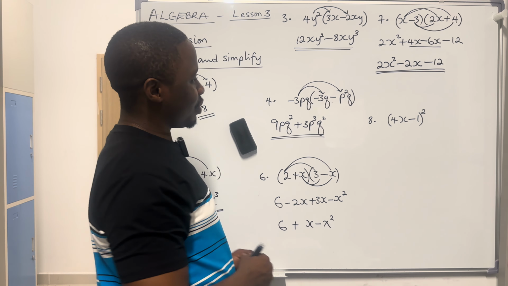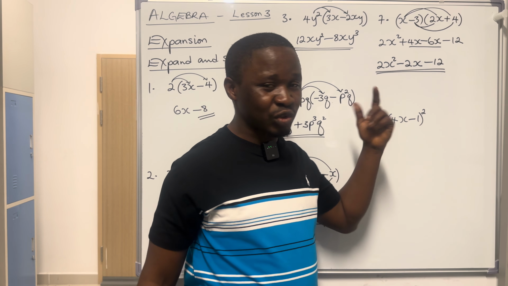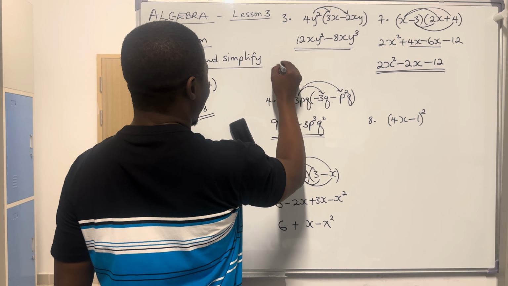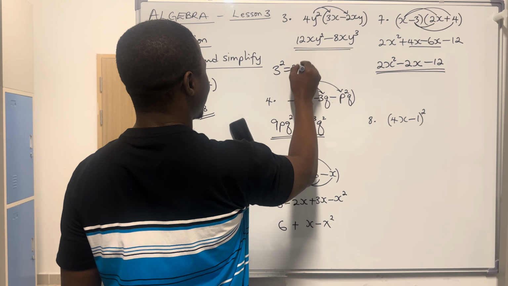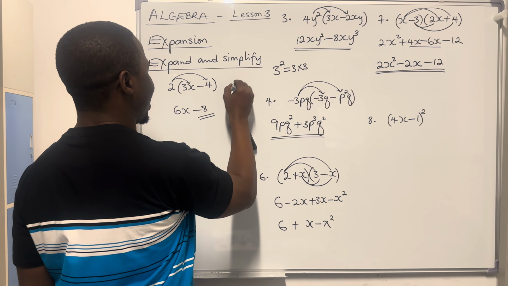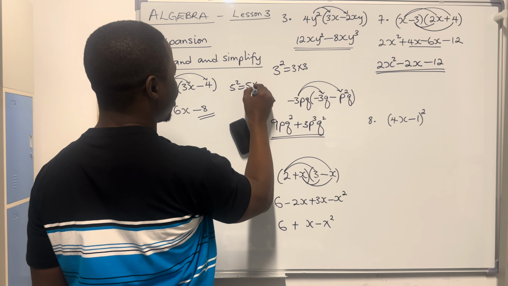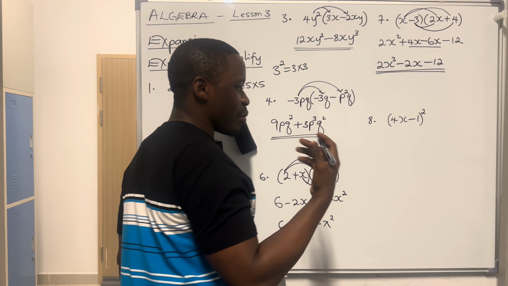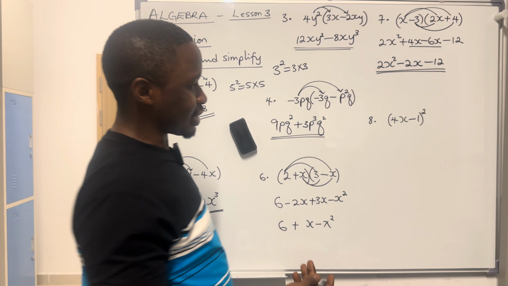Sometimes we may be given something like this to simplify. So we know that 3 squared means 3 times 3, and 5 squared means 5 times 5. So when you square, the bracket multiplies the same bracket.